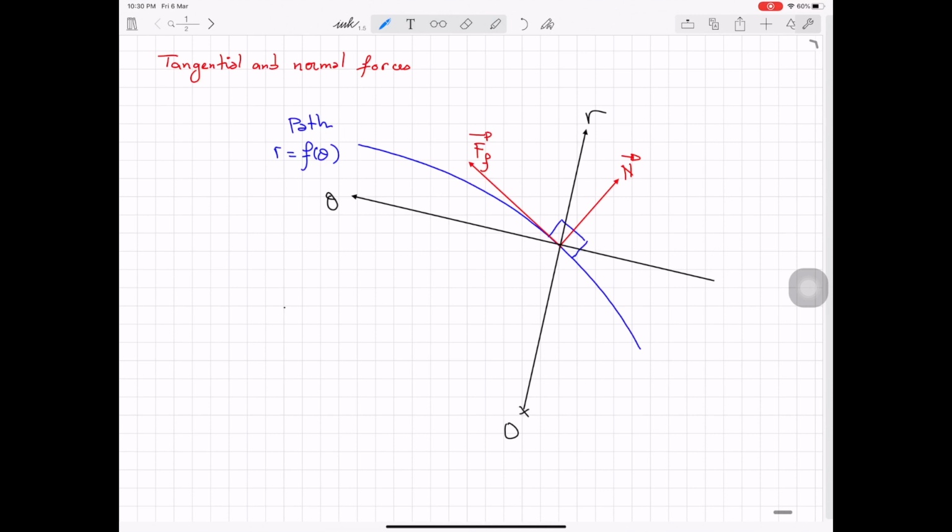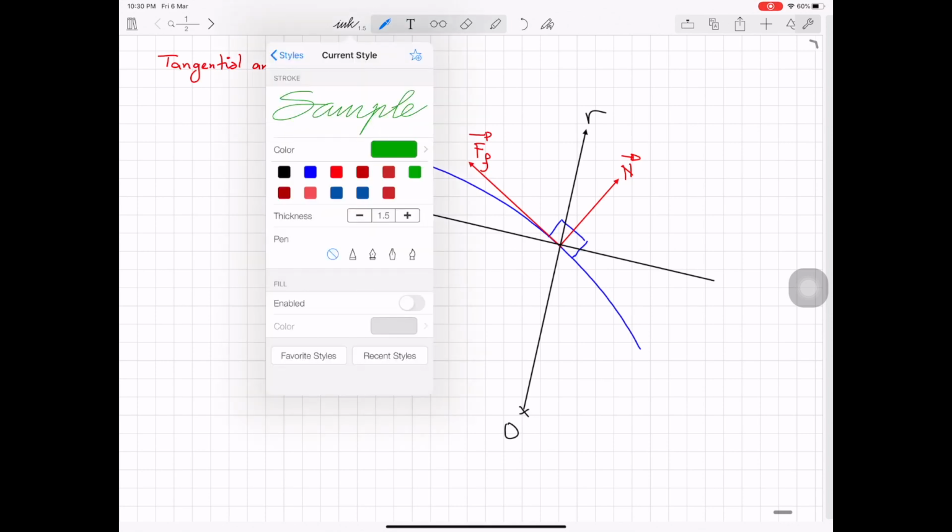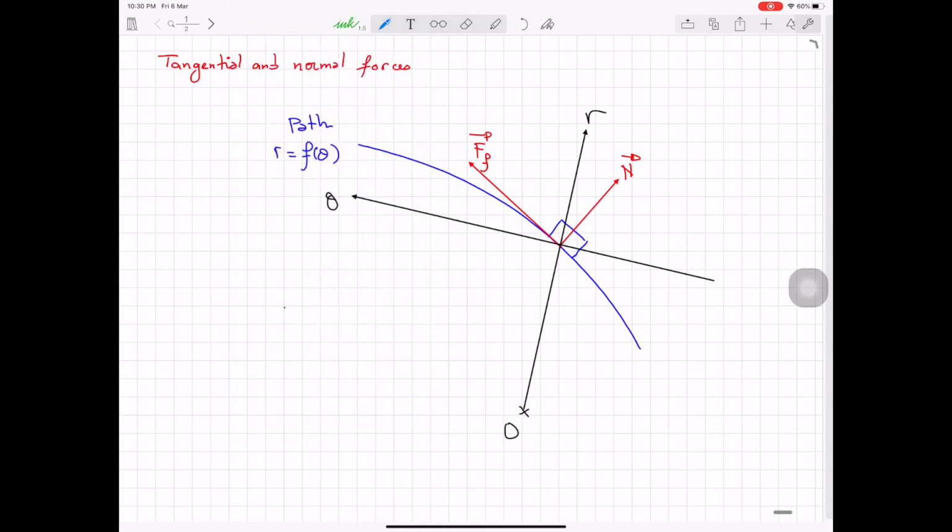Now you will need an angle. Let's call this angle psi.